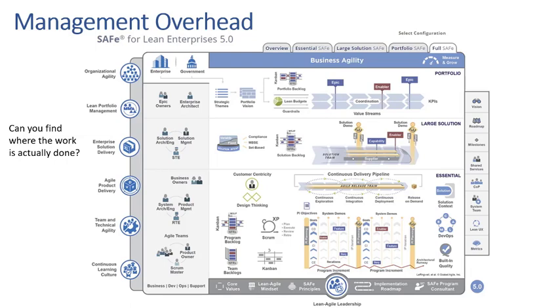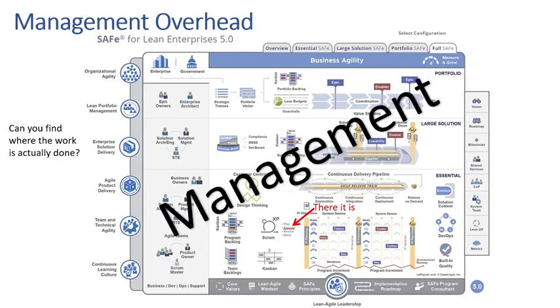All right, are you ready for the big reveal? It's right there. There it is. Right? So we see this one tiny little word here called execute. Everything else is management. Right? That is a monstrous amount of effort in order to basically track and monitor the progress and the quality of the execution.